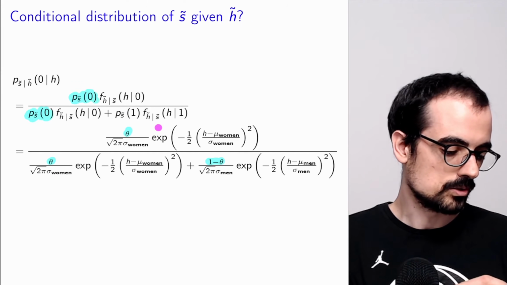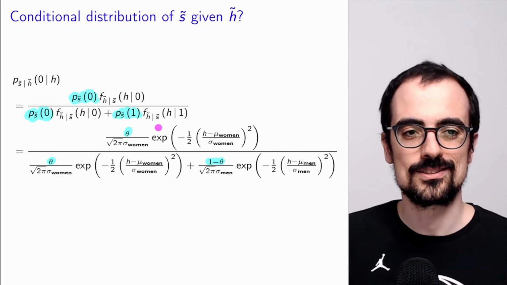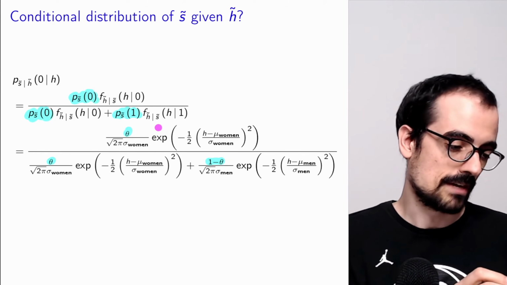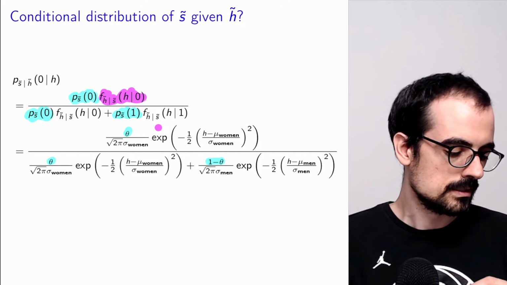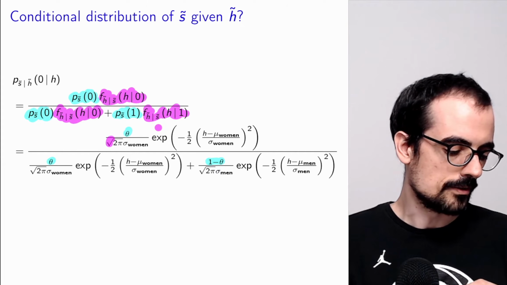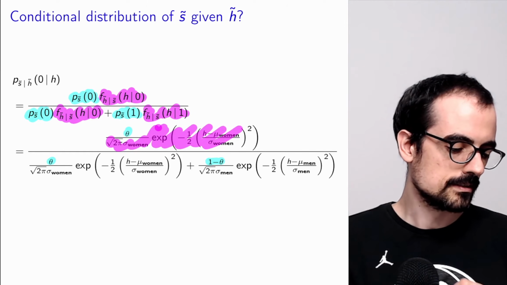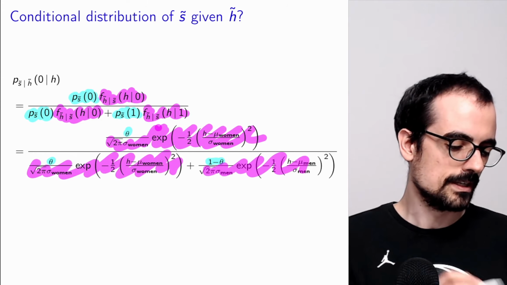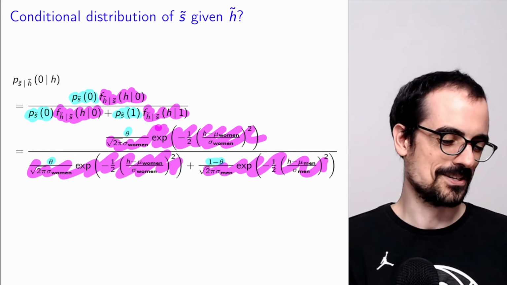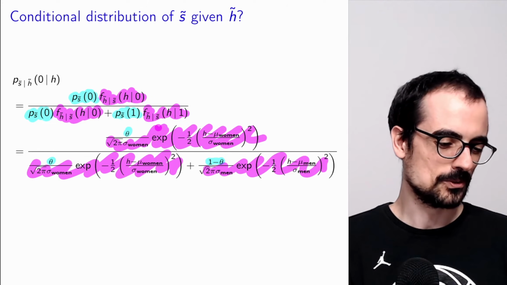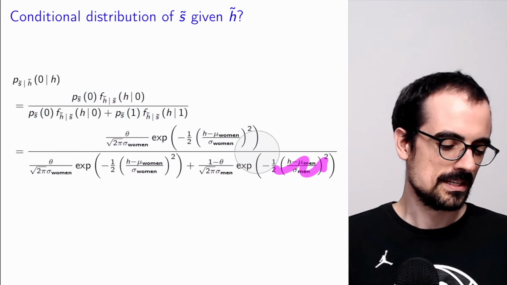Those are the marginal PMFs that we have estimated from data. And then we have the conditional PDFs, which are the rest. These are Gaussian variables. This is looking a bit terrible, but hopefully this is just to color code the formula. This doesn't look as nice as I wanted it to look, so let me erase it.